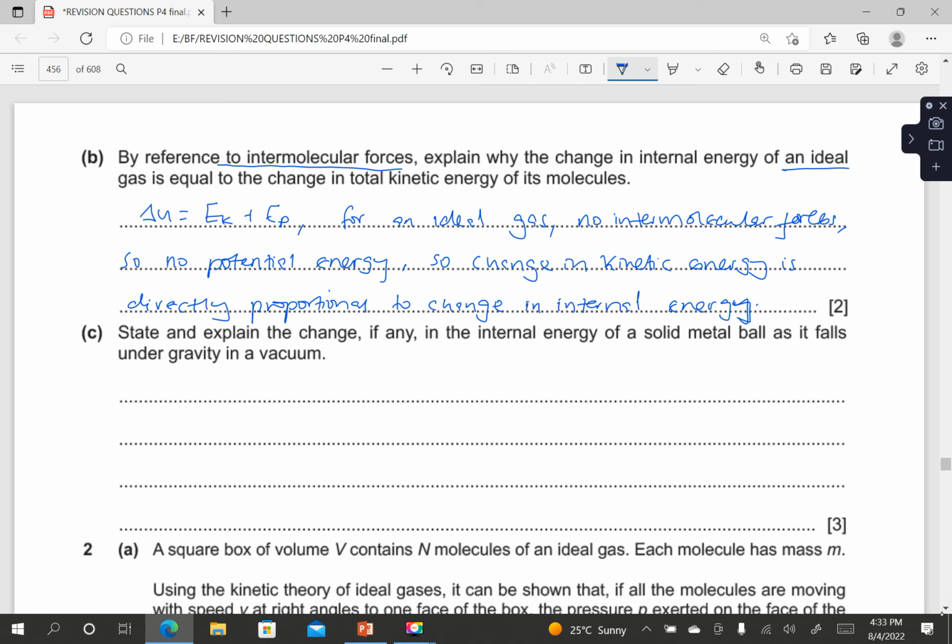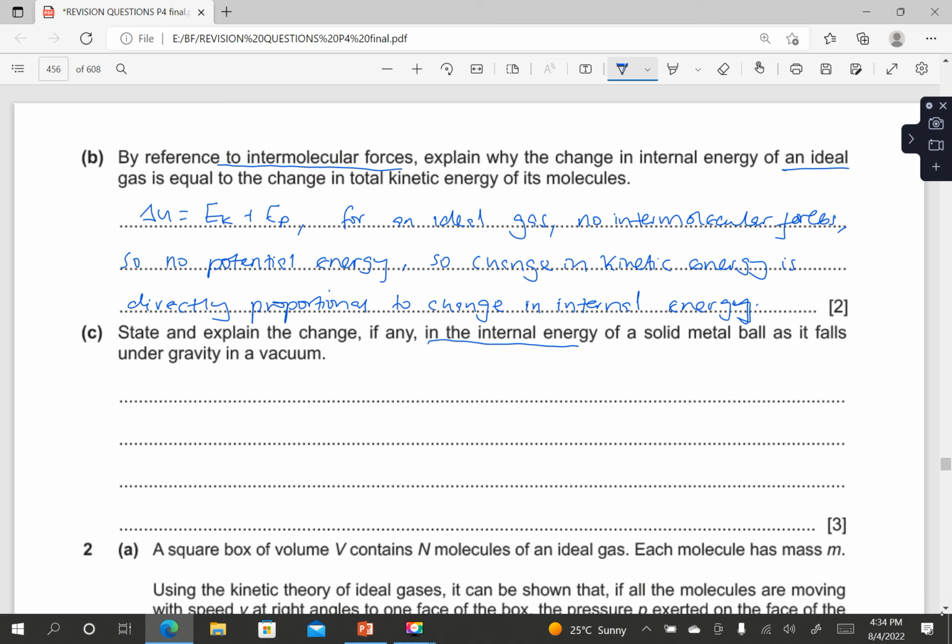State and explain the change, if any, in the internal energy of a solid metal ball as it falls under gravity in a vacuum.